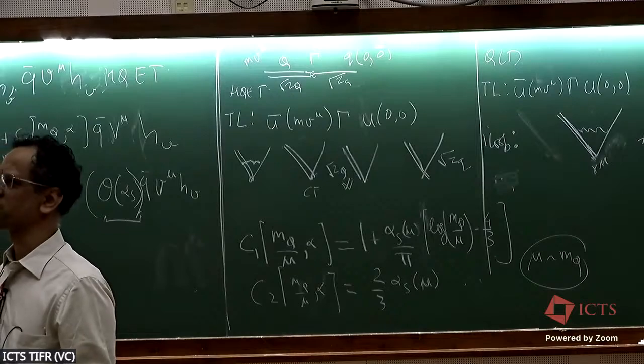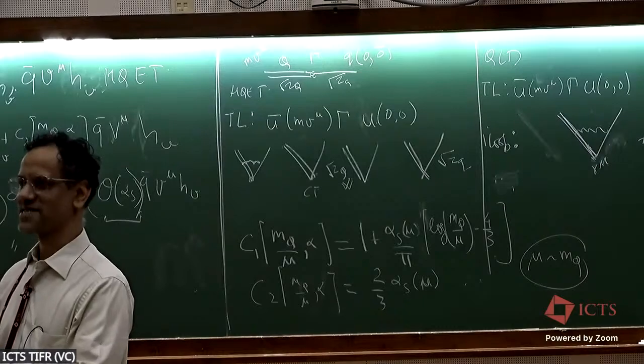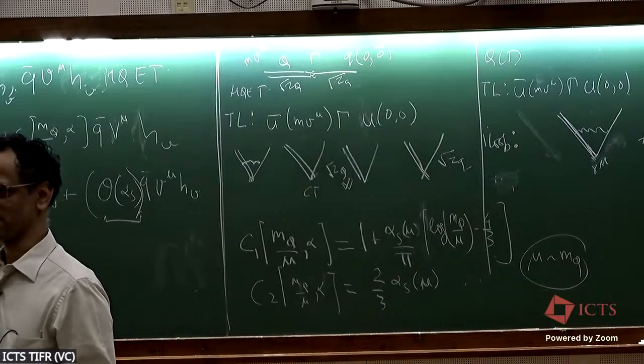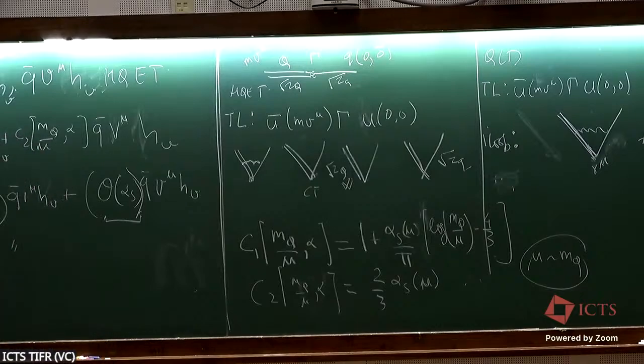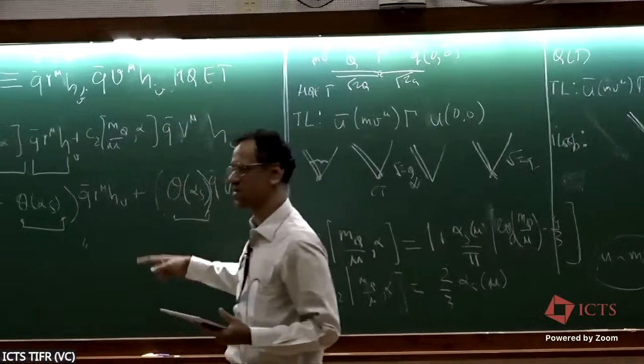You just get some minus sign because of the gamma 5s. Exactly right. You started with just gamma mu, and then you saw that both got generated.